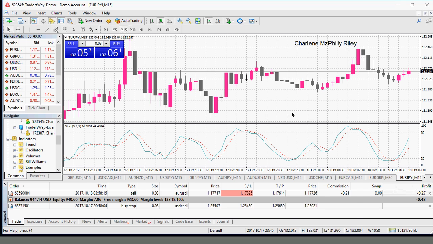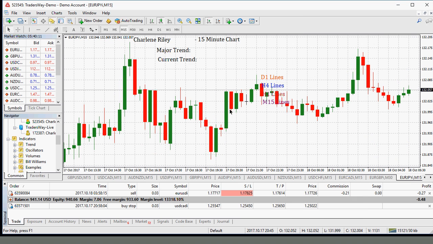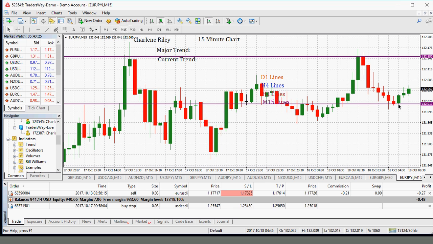The Euro JPY template. Okay, so all right, here's a good one. Now I'm going to skip the multi-frame analysis for right now. Okay, so we got a downtrend right here. We have a tweezer bottom.